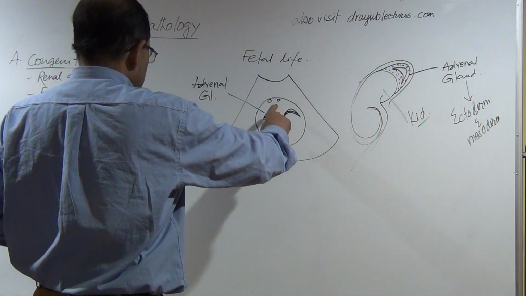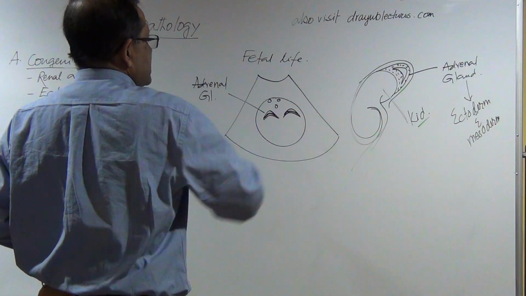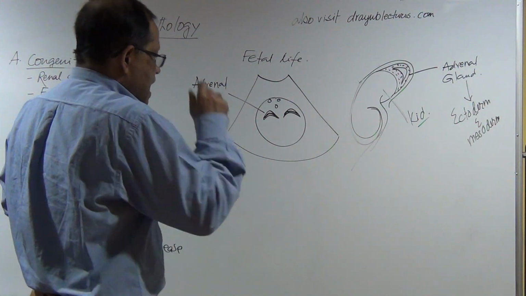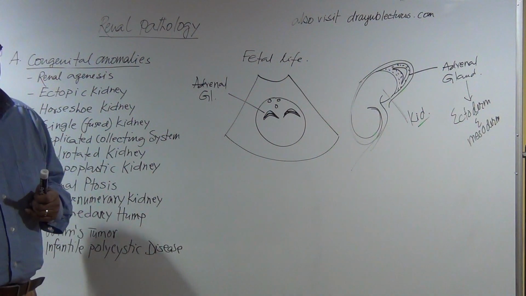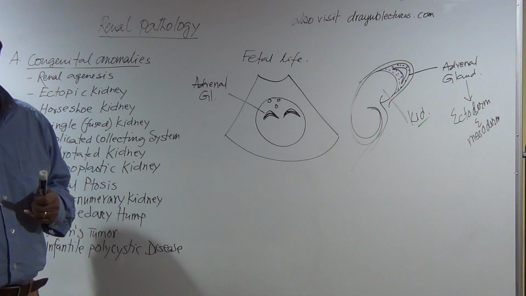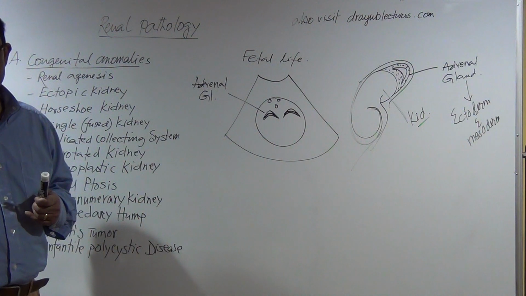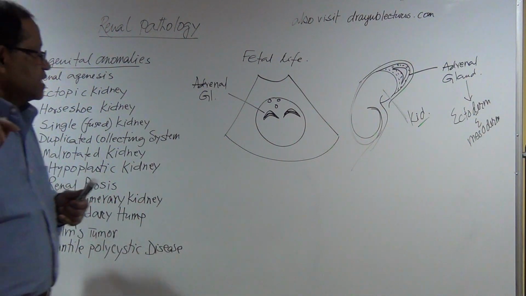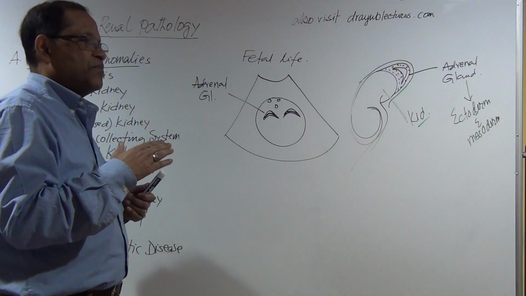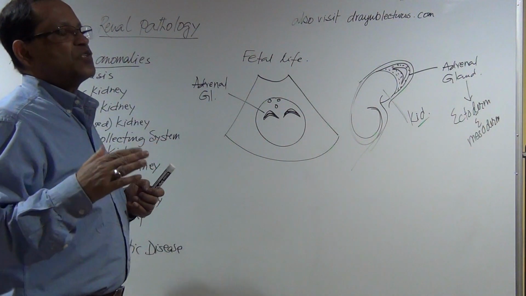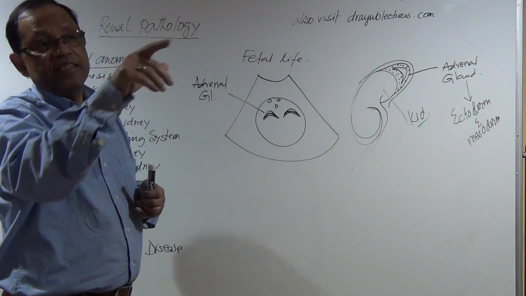Okay, so this is what you will normally see in fetal life. If you miss the kidney, you will see there is no kidney over here. Normally the kidney starts functioning at 14 to 16 weeks of menstrual age. That's why before that time, you may not say the kidney is absent.